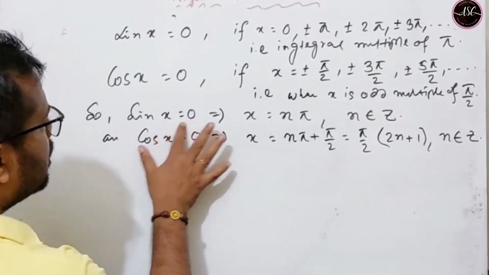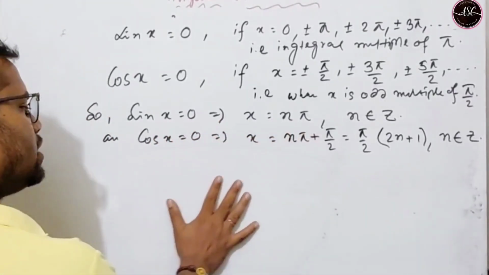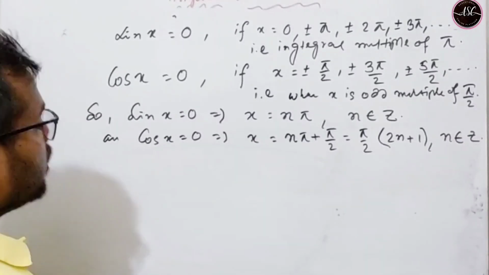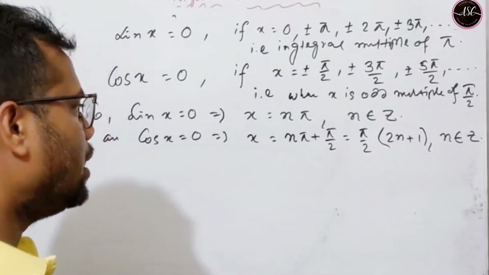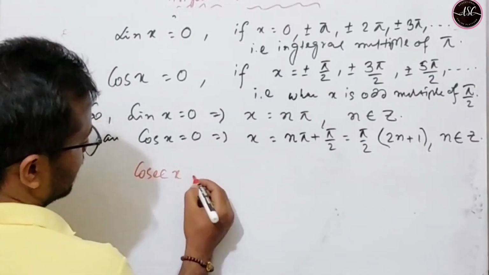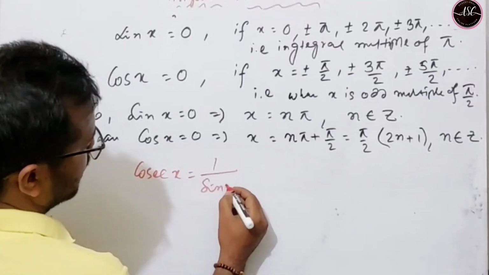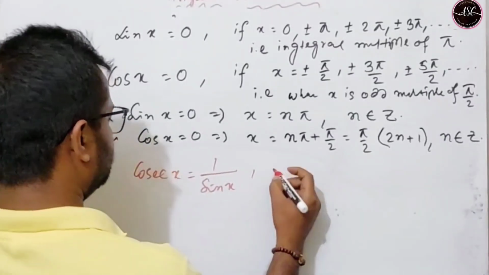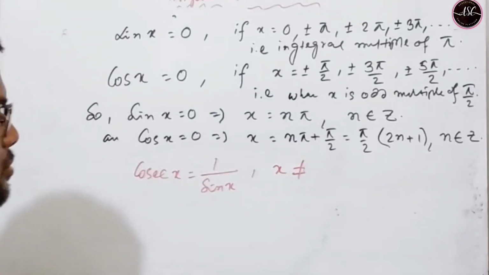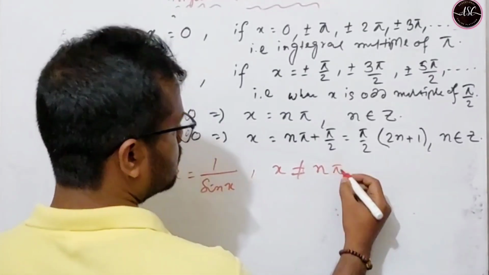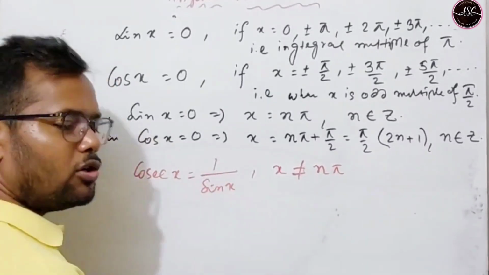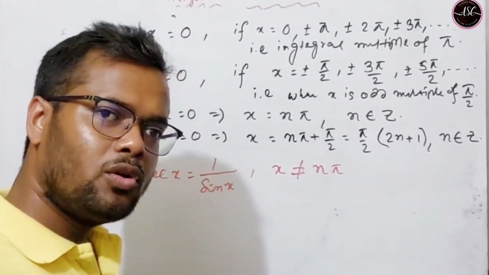We found sin x and cos x. So by these two we can find the reciprocals and their properties. Cosec x equal to 1 by sin x, x not equal to n pi, as if sin x equal to 0, then cosec x will be not defined.